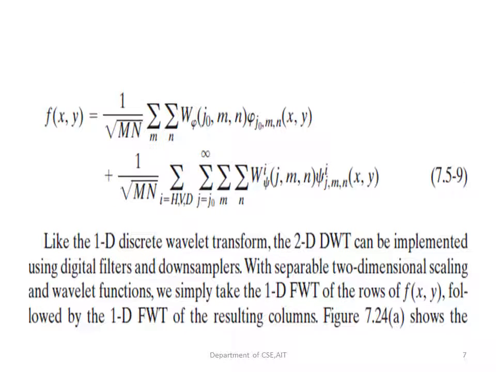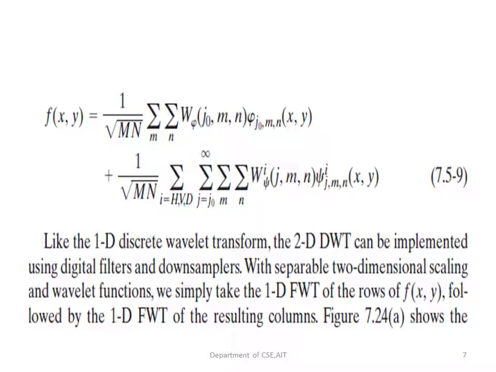When we know the values of W phi and W psi, f of x, y can be obtained by using the inverse discrete wavelet transformation, where f of x, y equals 1 by root of MN times the summation of W phi and phi of j naught, m, n plus the summation of W psi and psi i of j, m, n.